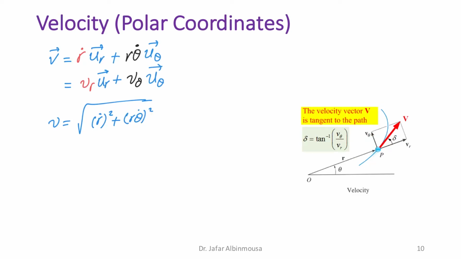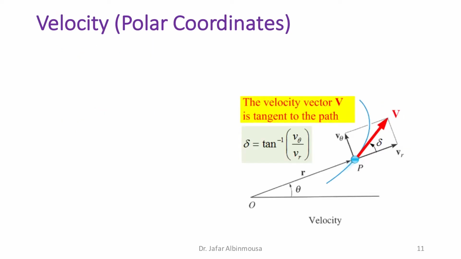If you look carefully, the angle delta here, which is the tan inverse of v theta divided by vr, is the angle measured from the radial component to the total component. So if you want to measure the direction of the velocity, it's theta plus delta.